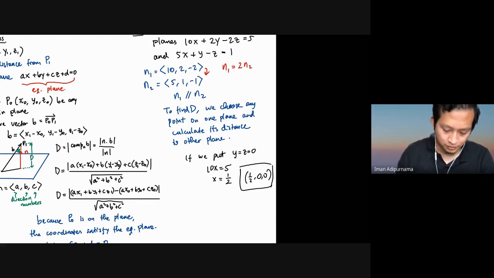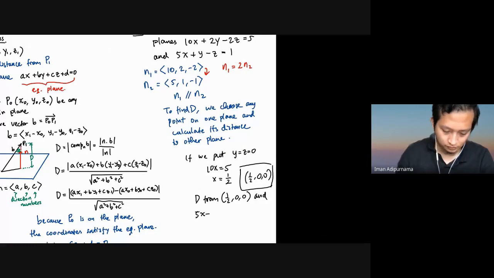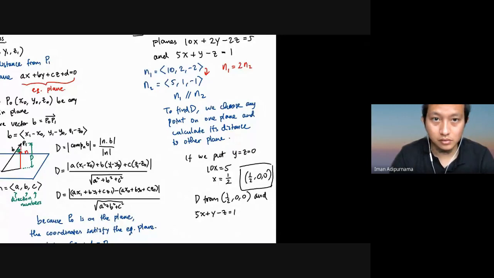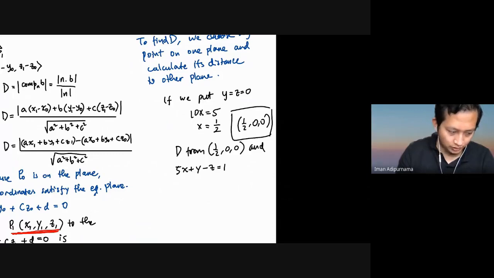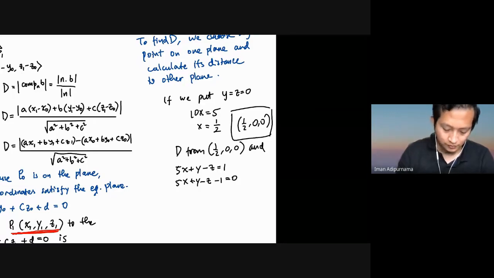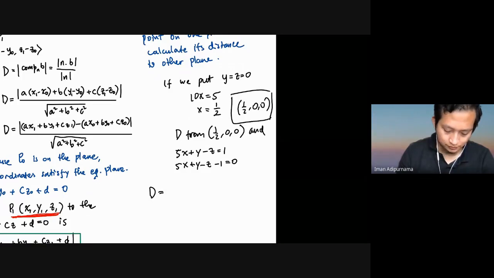Actually, we set up the P0. So the distance from P0 to the second plane can be written with the plane as equal to 0, with A, B, C, D. So we write 5, and then x0, y0, z0 here.